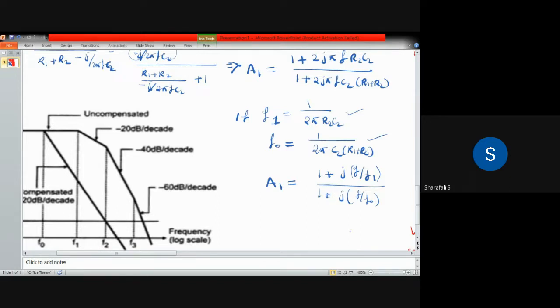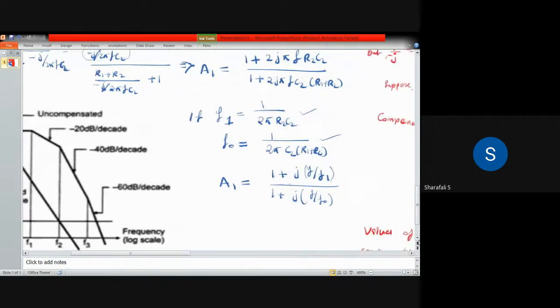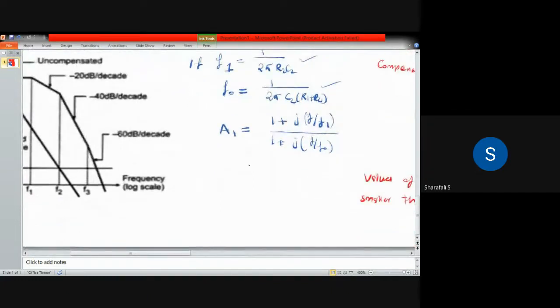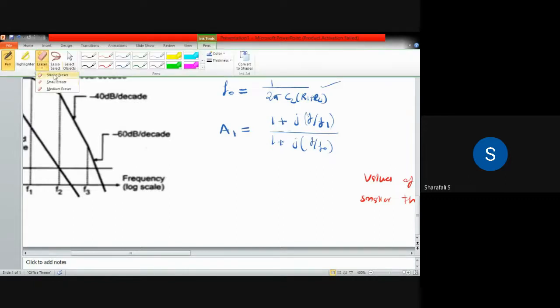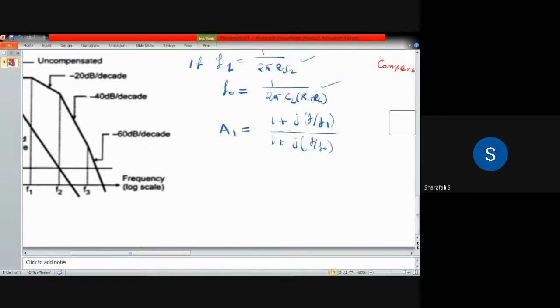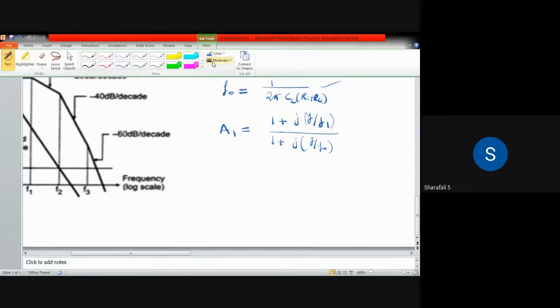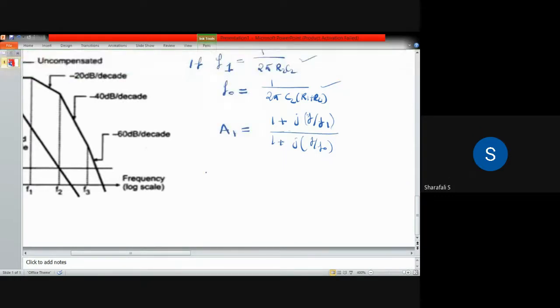Now, with this compensation, we can write the total transfer function. As we already discussed, let's say A dash equals A times A1.